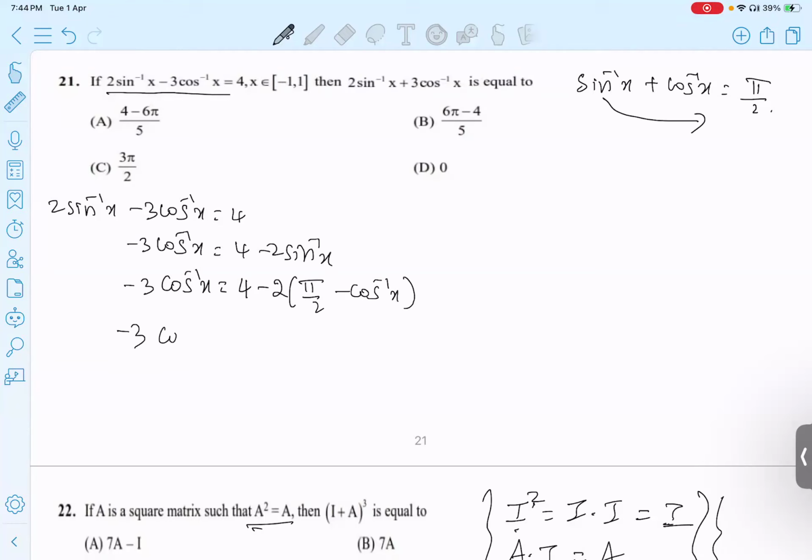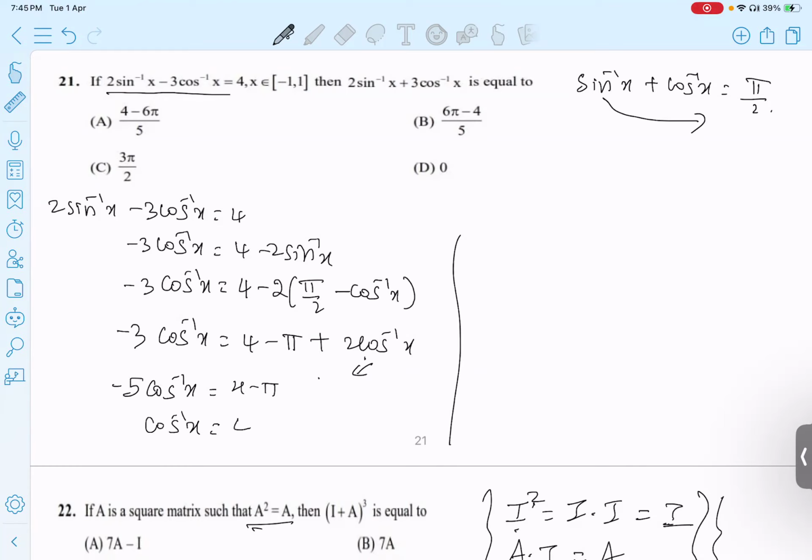So minus 3 cos inverse x equals 4 minus pi plus 2 cos inverse x. It is just a normal calculation, like doing a linear equation. Shifting to the other side becomes minus 2 cos inverse x. So in total, minus 5 cos inverse x is nothing but 4 minus pi. Cos inverse x will be pi minus 4 by 5.